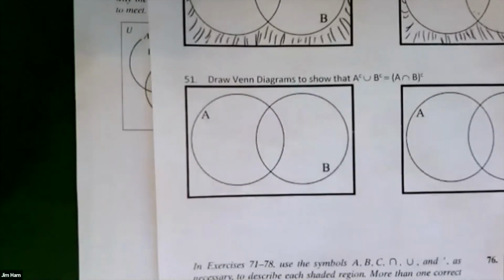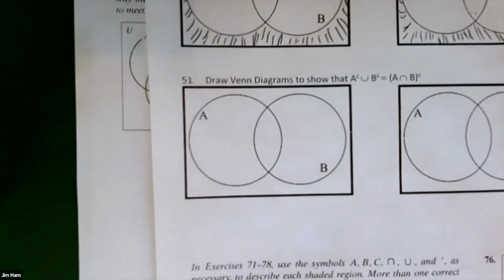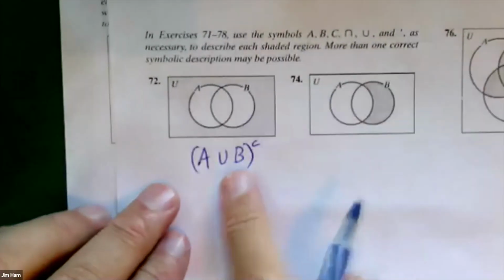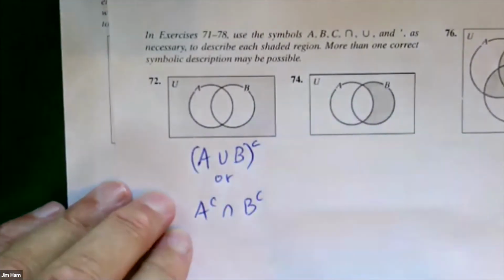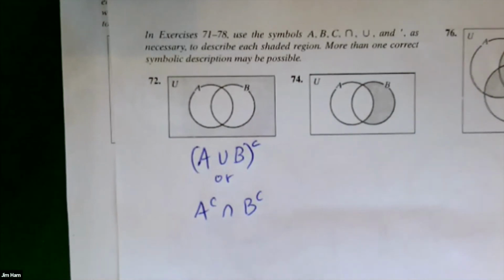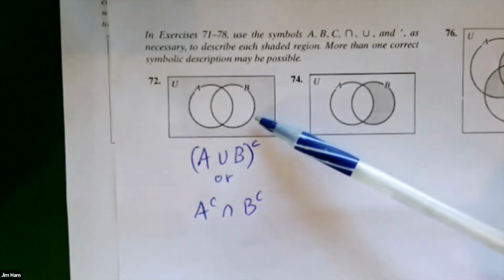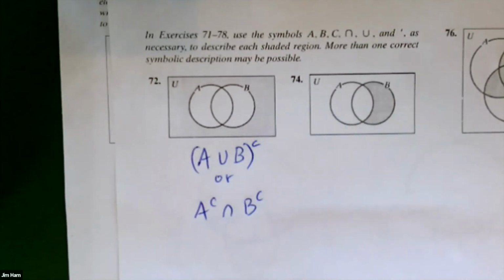So we could either write this answer as A union B complement, or A complement intersect B complement. So what this problem is asking you to do is to start with the shaded region and then come up with the set notation to describe the shaded region.